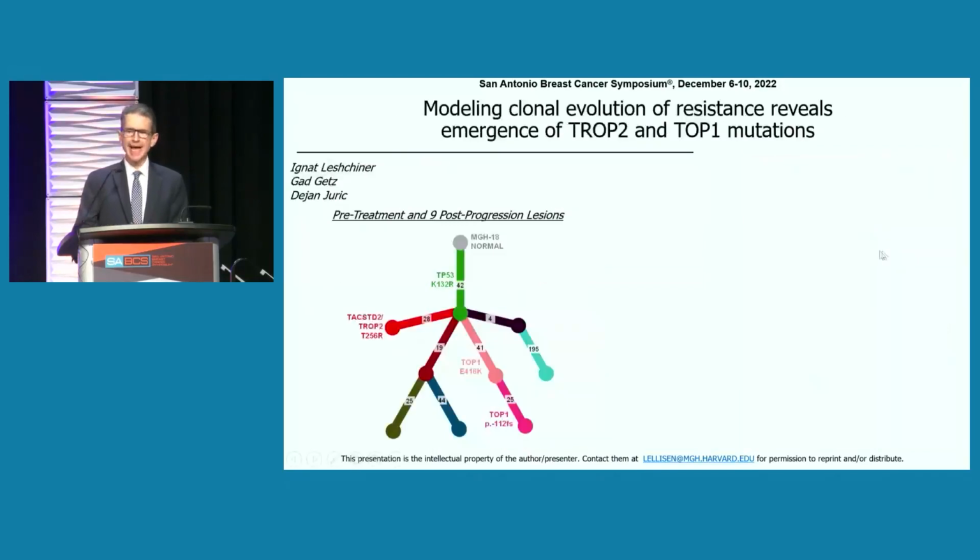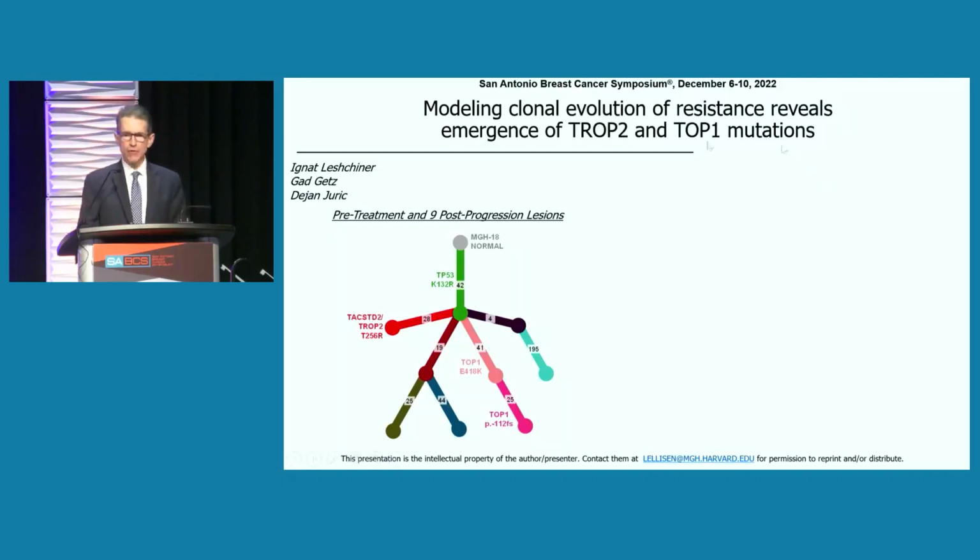To do this analysis, we teamed up with Gad Getz, who has developed a number of computational algorithms where you can do exome sequencing of every metastatic lesion, and then through inference and mutational calling, you can reconstruct the phylogenetic evolution of resistance in the patient, and you can see how the tumor has gone down different paths in terms of its sequential mutational evolution.